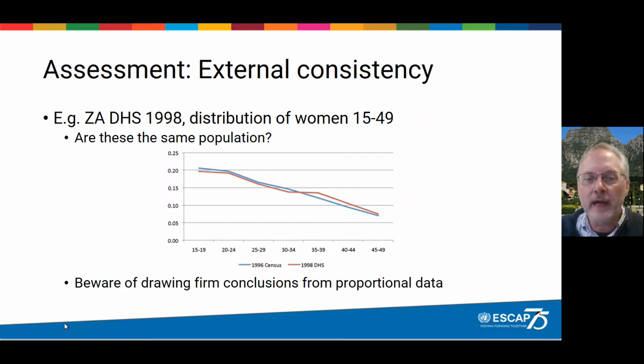So you do need to be aware of the risk of drawing firm conclusions from proportional data. You can't say definitively that in this case, the DHS slightly oversampled older women and undersampled younger women, and say it is definitely the case that it was the oversampling here which resulted in the undersampling there, or vice versa.